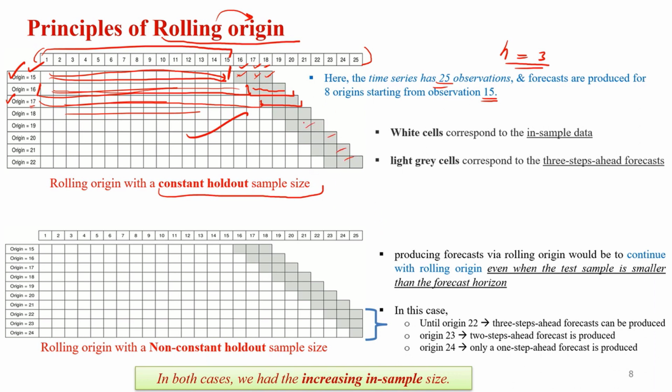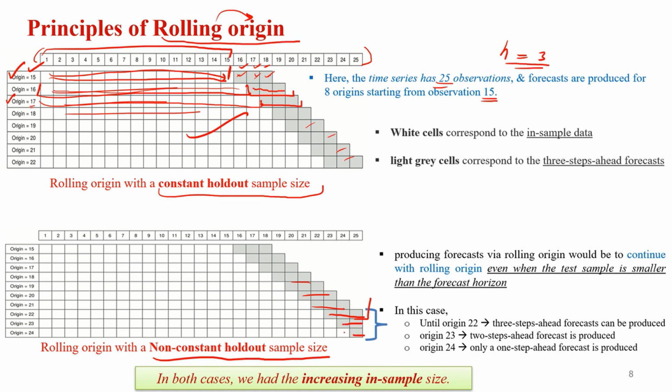The second approach which you can use to find the rolling origin forecast error is using a non-constant holdout sample size. As you can see, up to over here we are using different in sample sizes of the data set, or you can say the training data set, whereas the forecast horizon was 3. Over here we have forecast horizon 2, and forecast horizon 1.